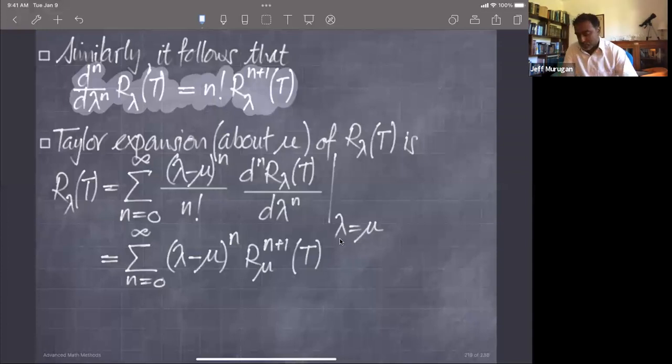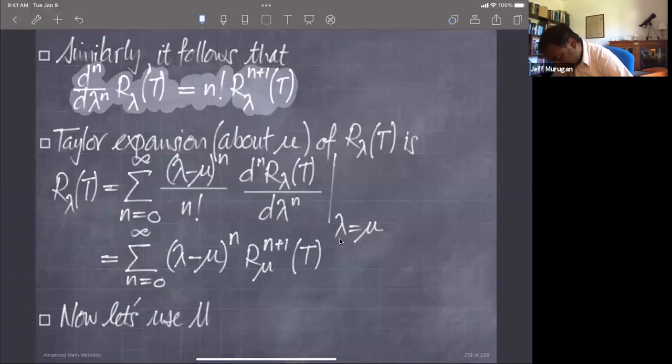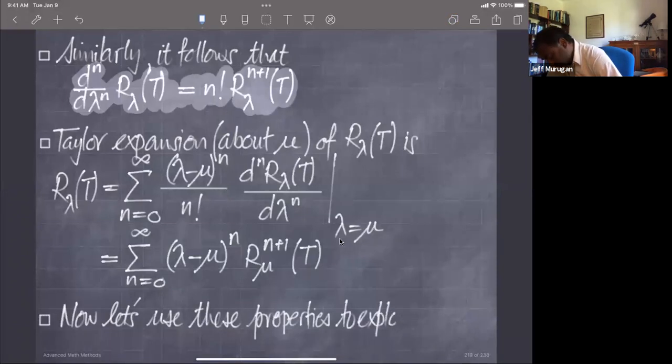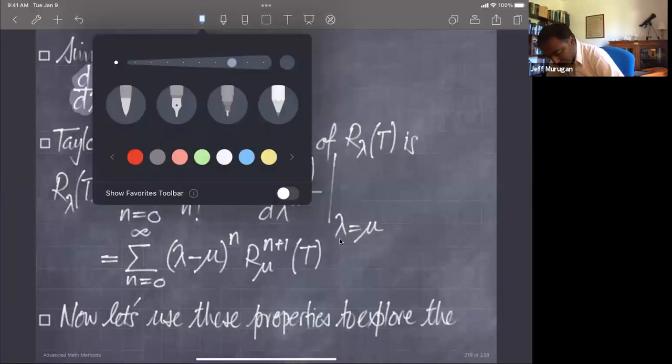So I want to see how these things can be used to explore the so-called spectral decomposition theorem.